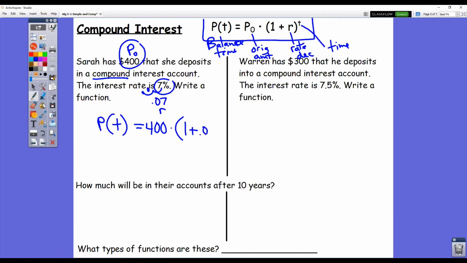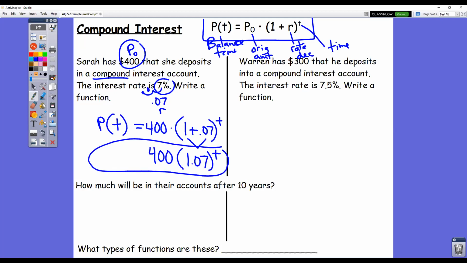So plus 0.07 to the t power. So we could add these two together to simplify it a little bit. So it would be 400 times 1.07 to the t power. That is your P of t.